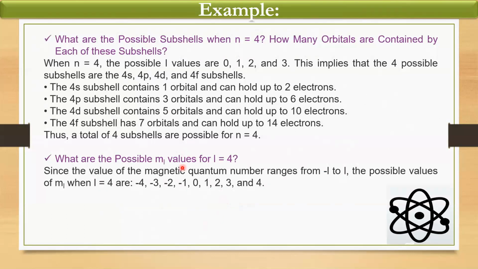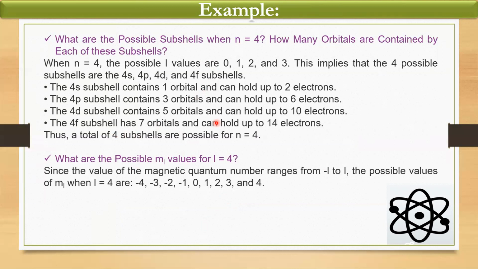To make you more familiar with how these quantum numbers are useful, I have given you a few more examples. What are the possible subshells when n is equal to 4? How many orbitals are contained in each of these subshells? When n is equal to 4, how do we calculate L? L is equal to n minus 1, so 4 minus 1 is equal to 3.